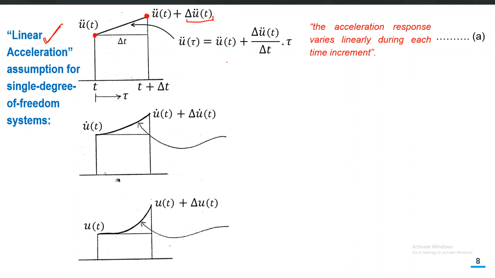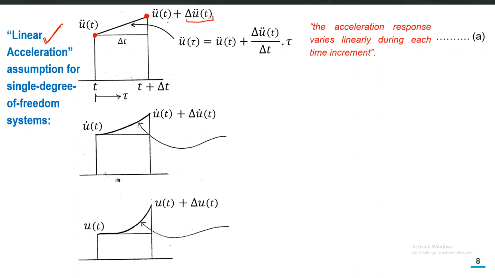So let's revise that linear acceleration assumption, and then we will extend the same idea to multiple degree of freedom systems. This is for a single degree of freedom system, where you have only u of t, u dot and u double dot functions. But for multiple degree of freedom systems, we don't have one function for u of t, u dot of t and u double dot of t. We have the vectors for u, u dot and u double dot.